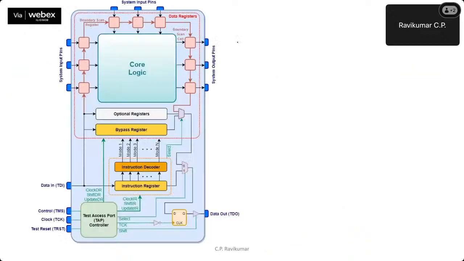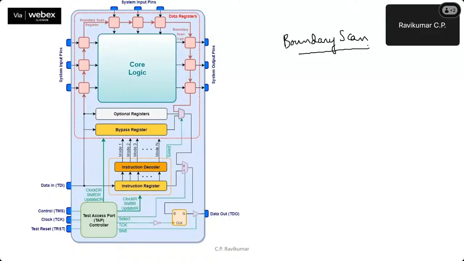But today, it is common to use what is called boundary scan. So what motivated people to do this boundary scan technique is, see, there are many different vendors that supply chips, right?